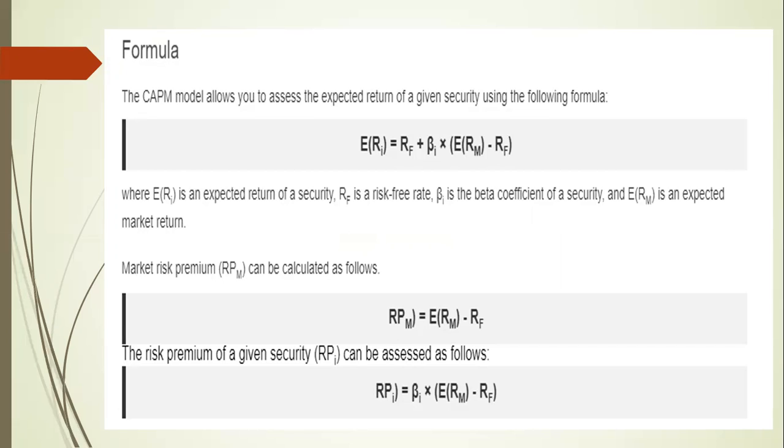Then the risk premium of a given security we can calculate by beta into expected return of market minus the risk-free rate. So this is the formula to calculate CAPM, next is the market risk premium, and third is the risk premium.